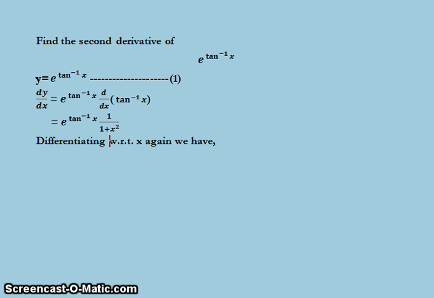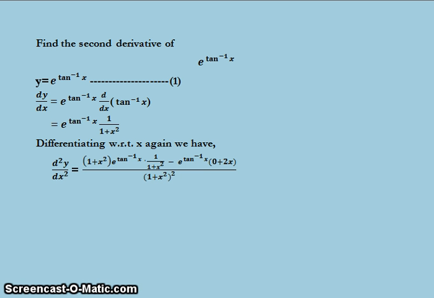Thus, differentiating with respect to x again, we have d square y by dx square equal to, by the use of the quotient rule, 1 plus x square into e to power tan inverse x into the derivative of tan inverse x, which is equal to 1 by 1 plus x square, minus e to power tan inverse x into the derivative of 1 plus x square, which is equal to 0 plus 2x, whole divided by 1 plus x square whole to power 2.